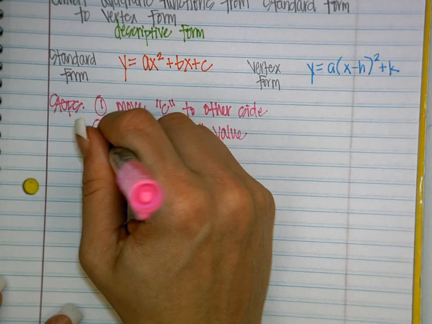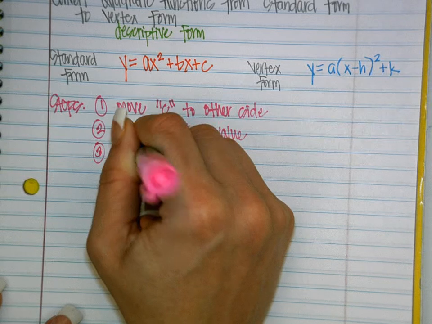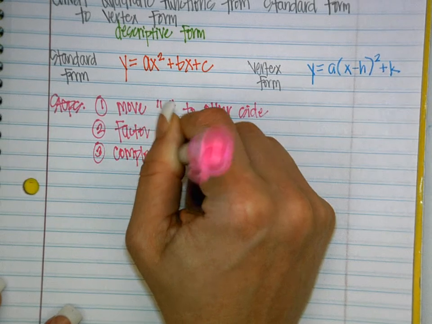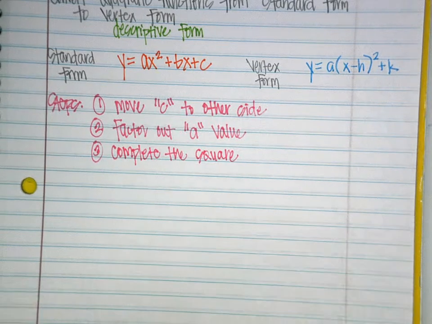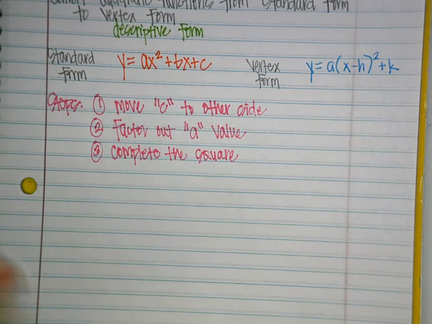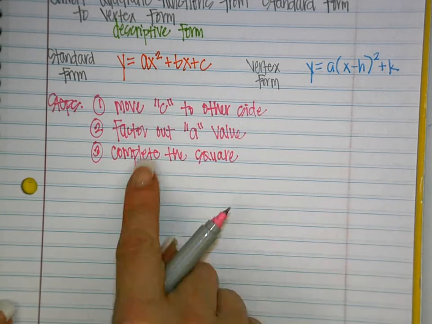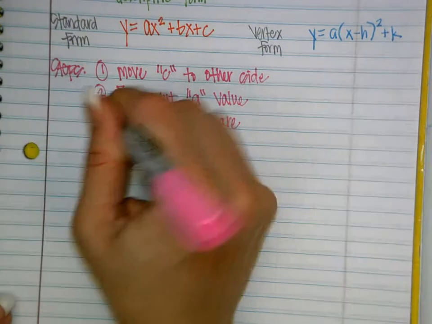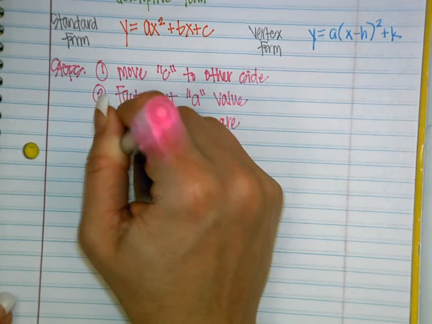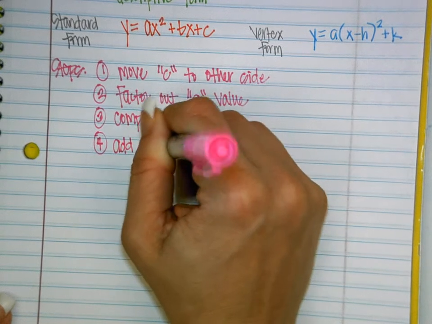Step 3 is complete the square. Basically what we're doing today, we have done before, we just didn't use it for this reason when we did it in first semester. But you've done this thing called complete the square.